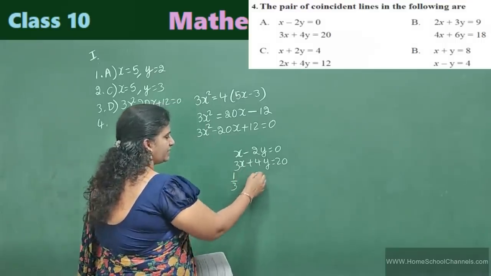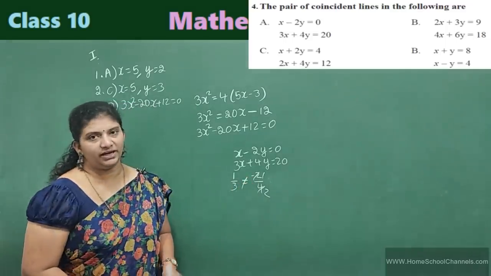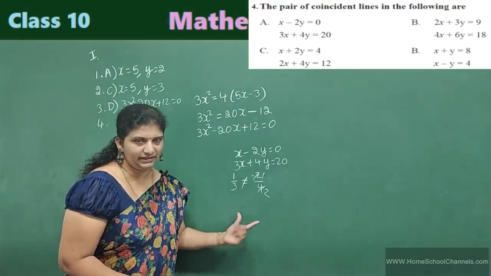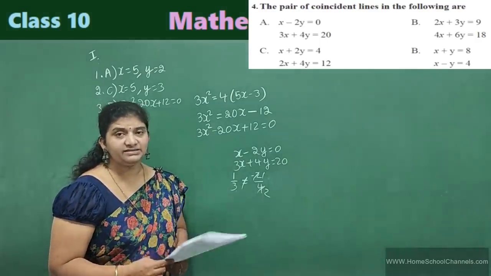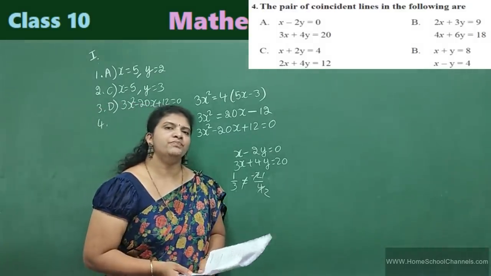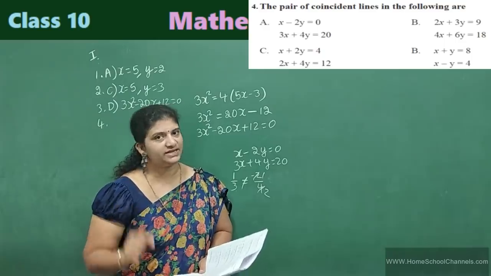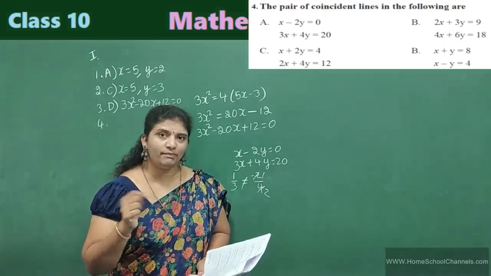Now just observe this. 1 by 3 is not equal to minus 1 by 2. These two linear equations will be intersecting. But here what is the question? The pair of coincident lines in the following. Coincident means, what do you remember about the ratios? a1 by a2 is equal to b1 by b2 is equal to c1 by c2. That means all the ratios are in proportion.